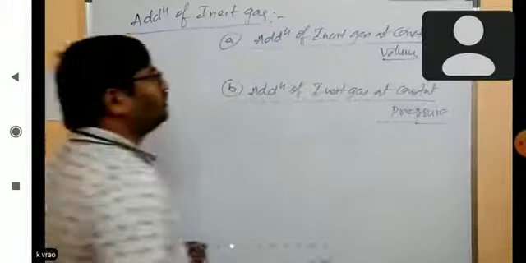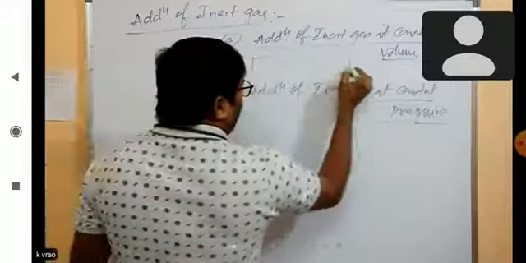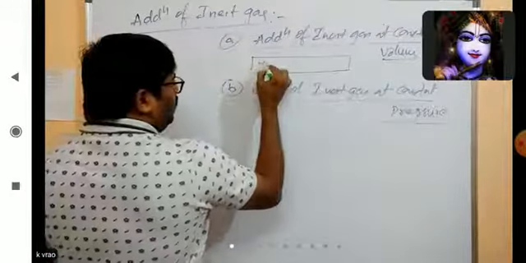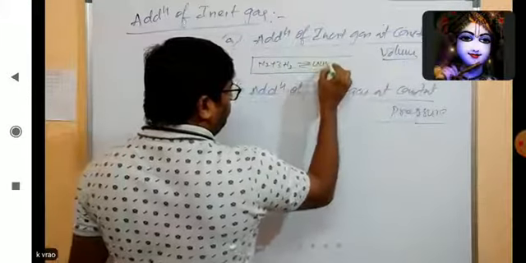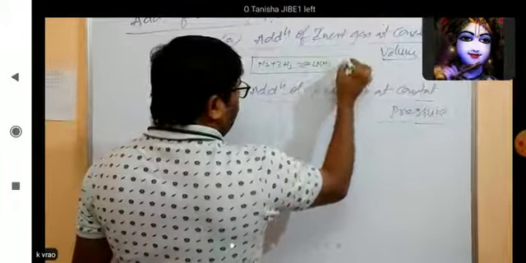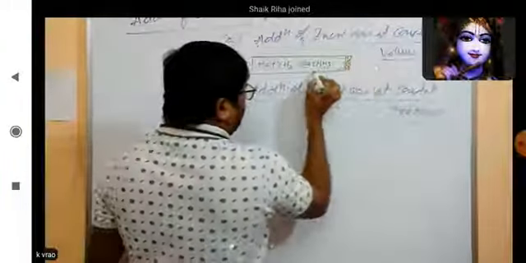Now see here, addition of inert gas at constant volume. Let us take one container. This container possesses N2 plus 3H2 gives 2NH3. This is a piston, and it is fixed, so the volume is constant.